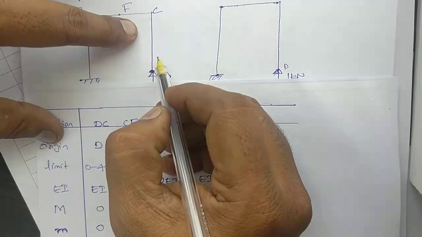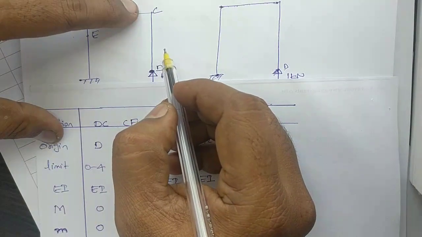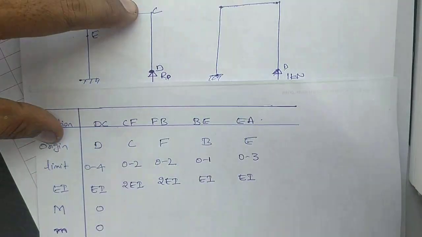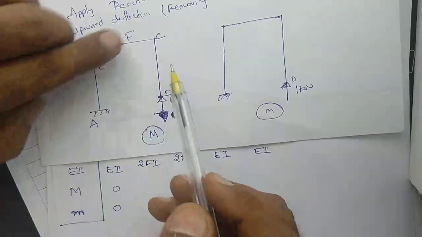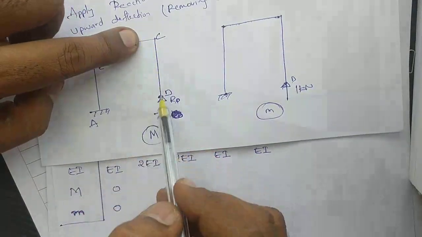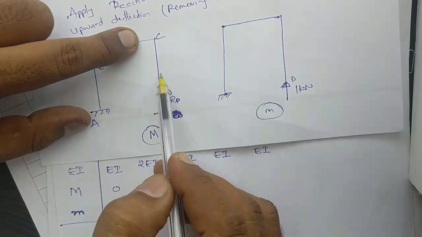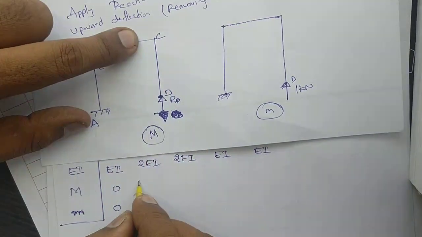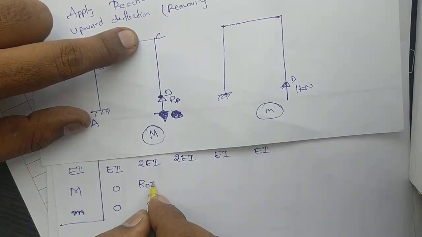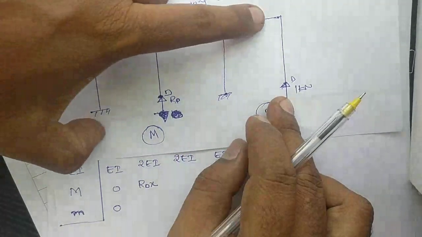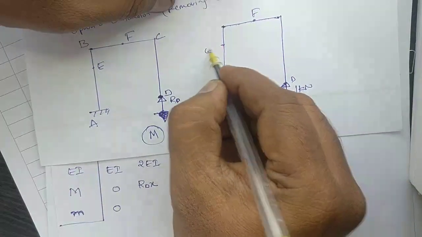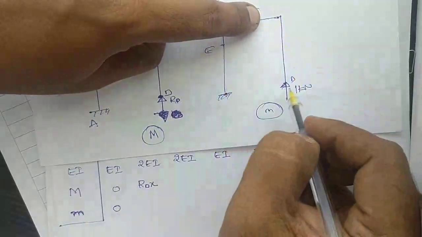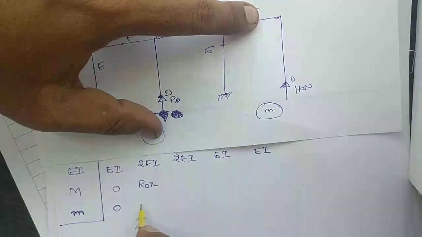And your next, this portion is over, thus we will go for FC. Now here, if the section is here, your capital M will be RD into x. And small m will be 1 kilonewton into x, this x.